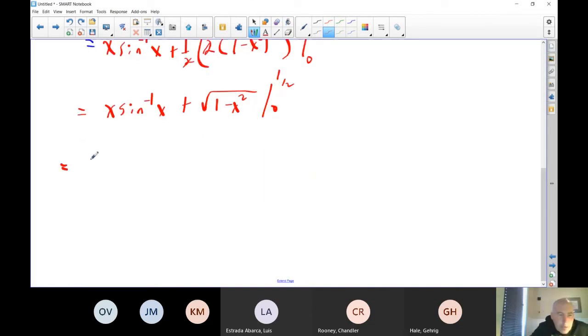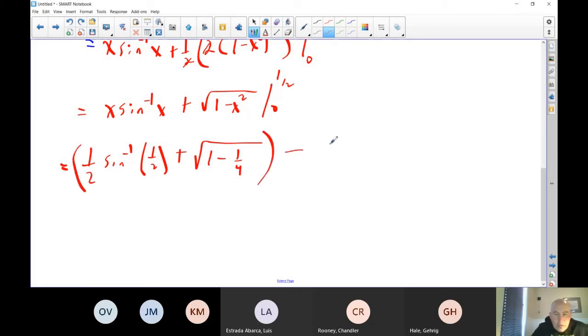It will be 1 half inverse sine of a half plus the square root of 1 minus a half squared, which is a quarter. That's your upper bound. Your lower bound is 0. It's going to work a bit easier because 0 times this is going to give me 0, plus the square root of 1 minus 0 squared is 1. The rest I've got to clean up a little bit.